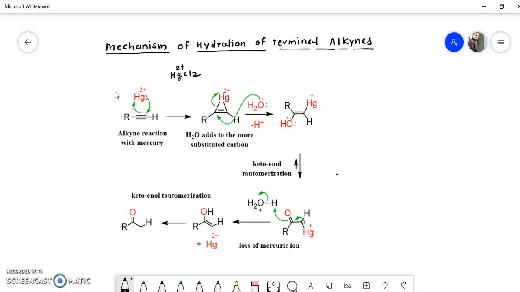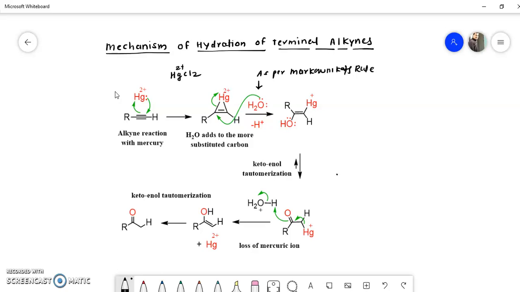Now the water molecule gets added to that carbon which has fewer hydrogen atoms. So this addition is as per Markovnikov rule, remember. So addition of the water molecule to this carbon is as per Markovnikov rule.